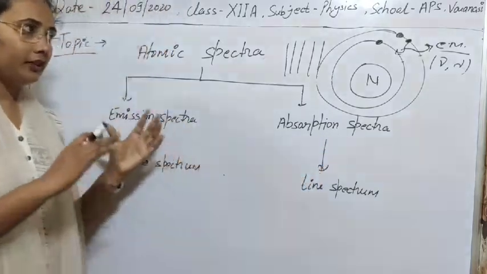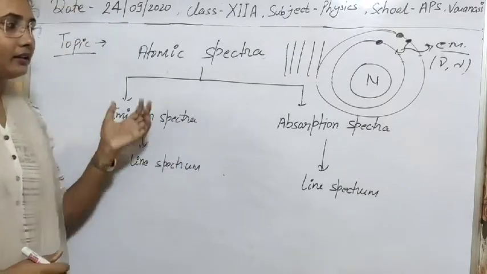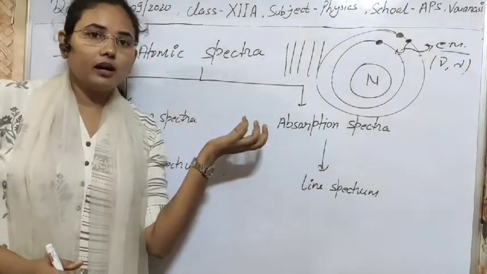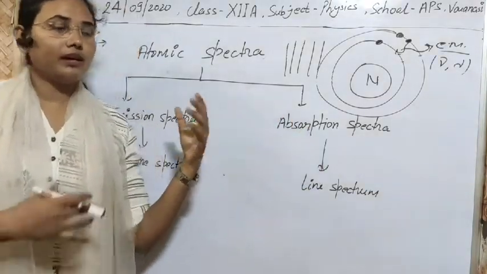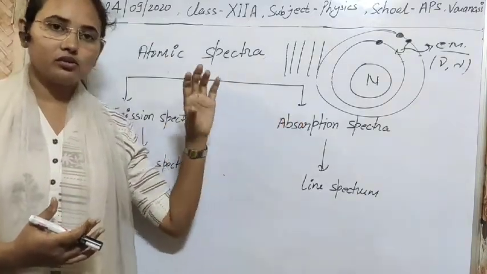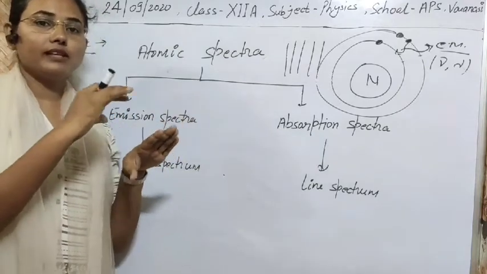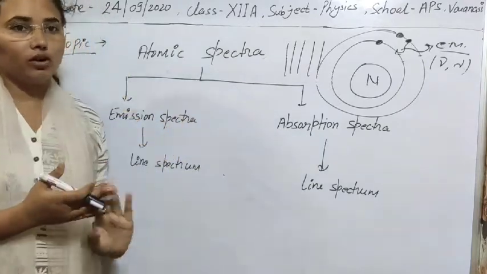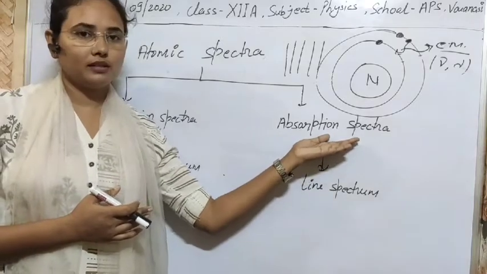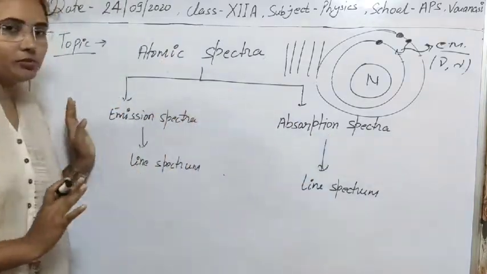Clear? If there is emission of light, then there is emission spectra, and if some wavelengths are absorbed by some gas, vapor or any other medium, we can also arrange the absorbed wavelengths or frequencies in increasing or decreasing order, and that is called absorption spectra.